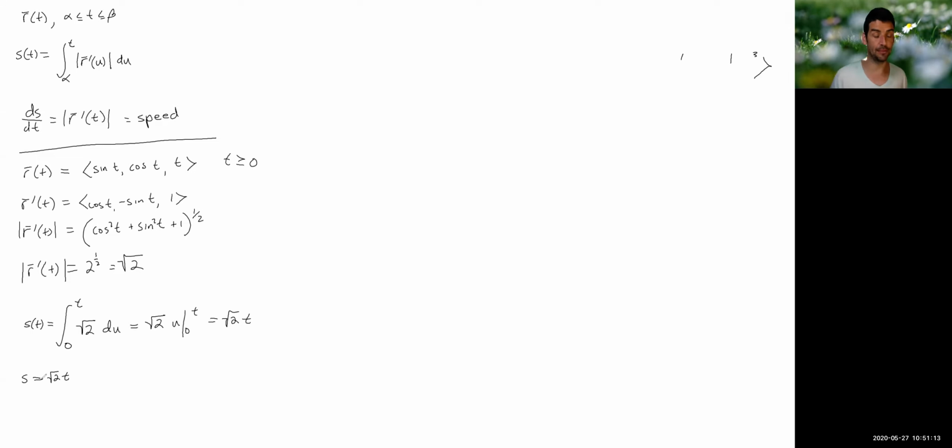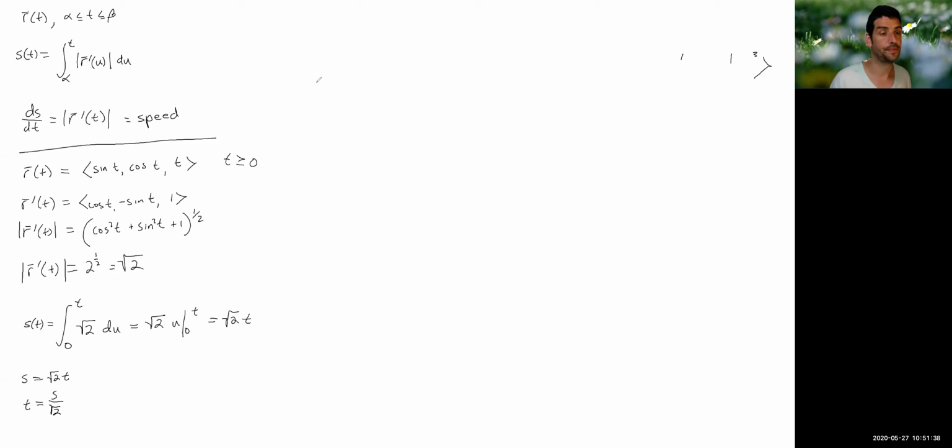So if 1 second passes, we get the square root of 2 centimeters or whatever units we're in. So we're getting a little more length per unit time than a unit length. What we can do is take this equation and solve it for t, and get t equal to s over the square root of 2.